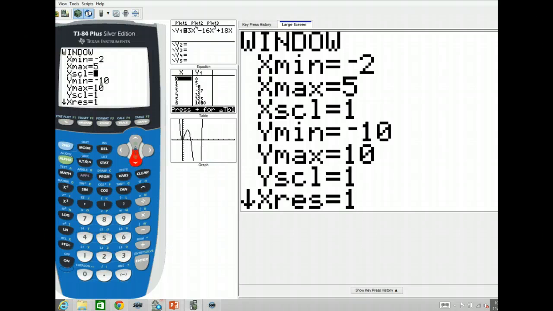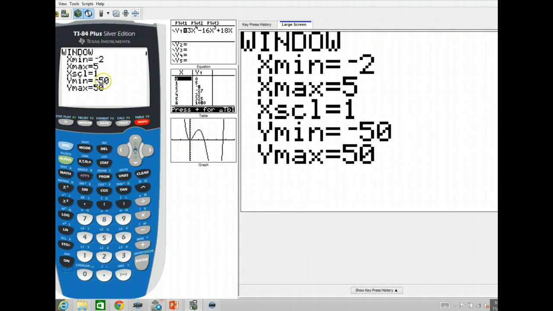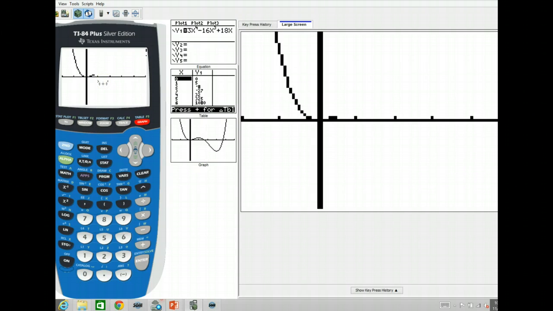And then for my y values, we needed more of those. So maybe I'll go -50 and +50. That may be extreme, and I could always adjust from there. All right, so that's better. I'm getting a better picture of what I'm working with.